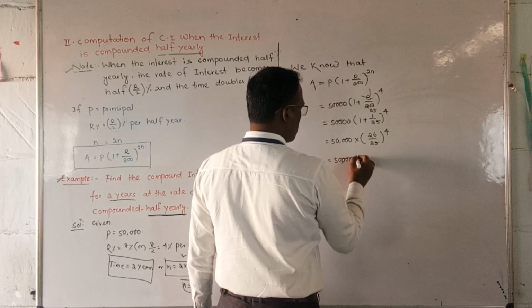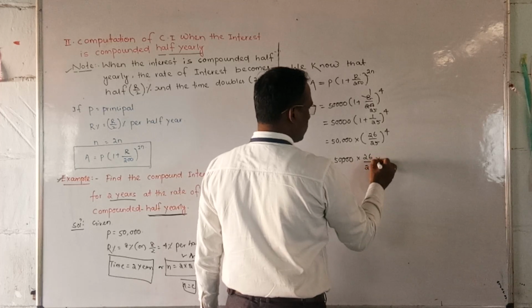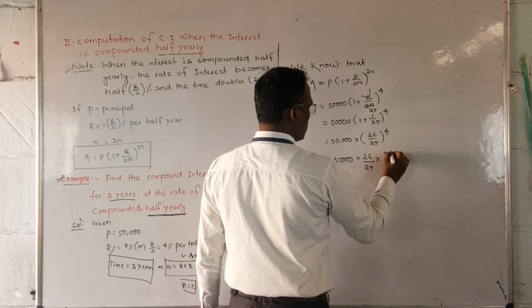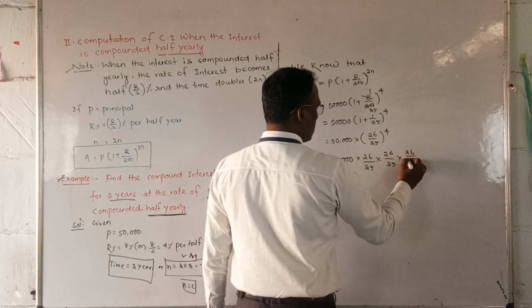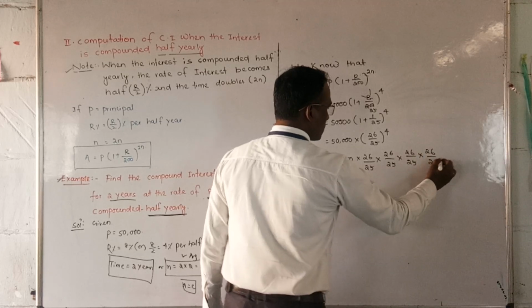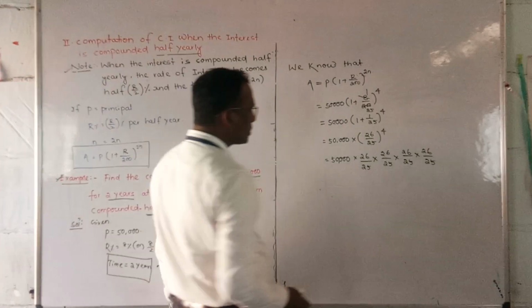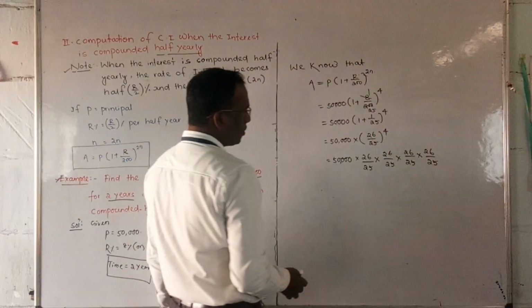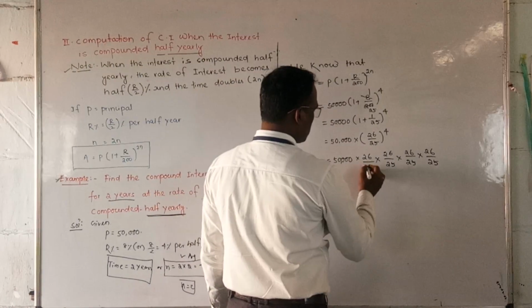Now we can cut this. If we cut 25 here, 2 twenty-fives are 50, 2000. Yes or no? Now if we cut this also, you can cut 25, 8 twenty-fives are 80.